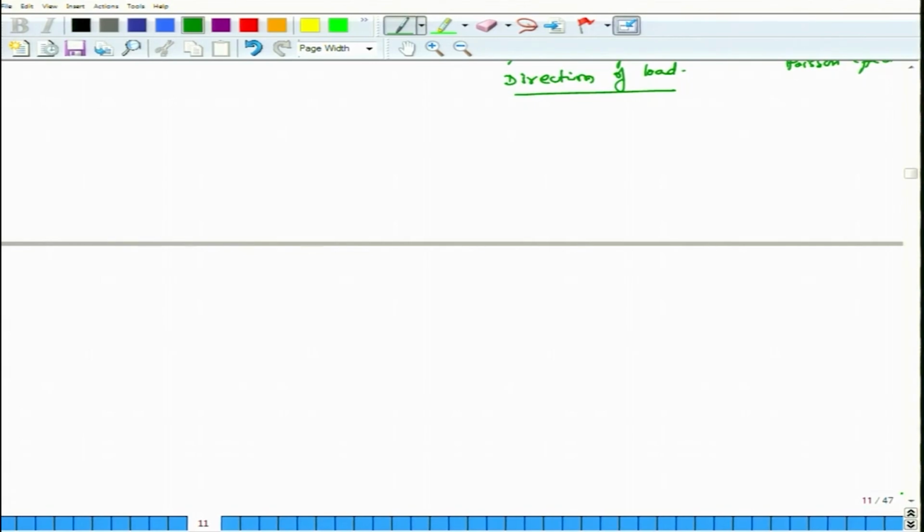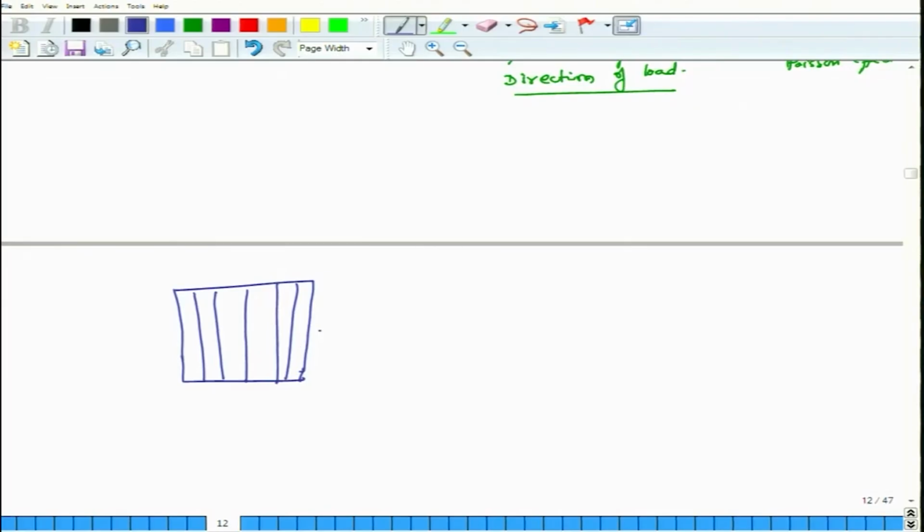Similarly, if I have a sample like this, where the fibers are aligned in this direction and I am pulling it in the transverse direction, then as I pull it, it becomes longer and slimmer. This is again delta over 2, and this is again delta over 2.